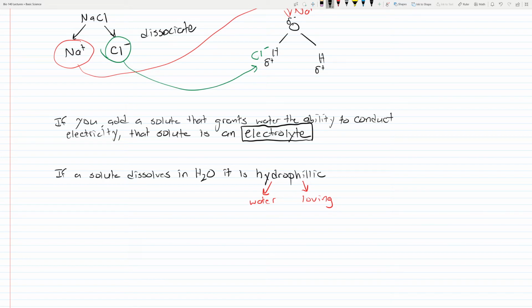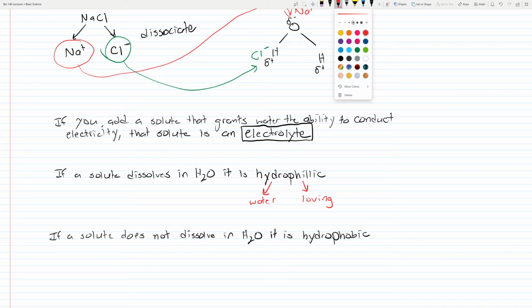If a solute does not dissolve in water, it is hydrophobic, and this is water fearing.